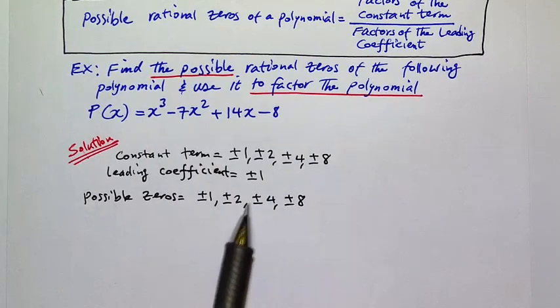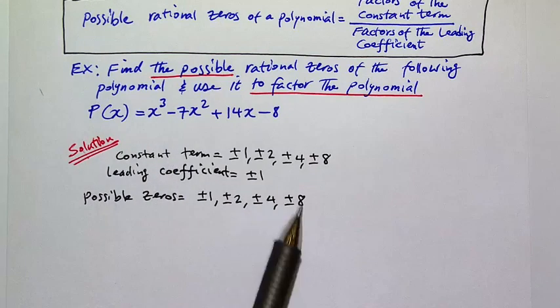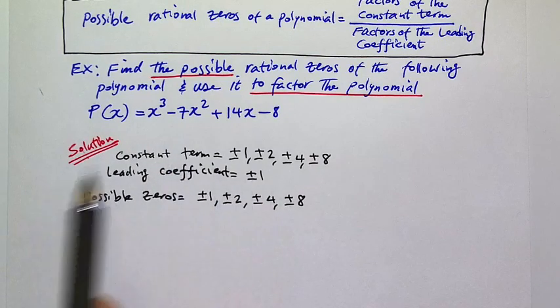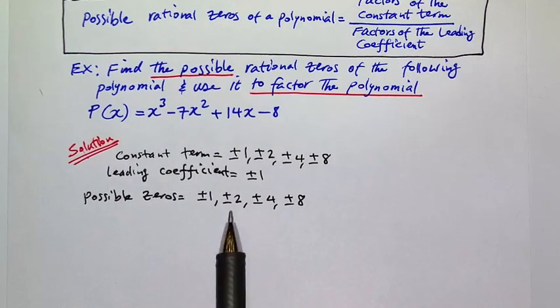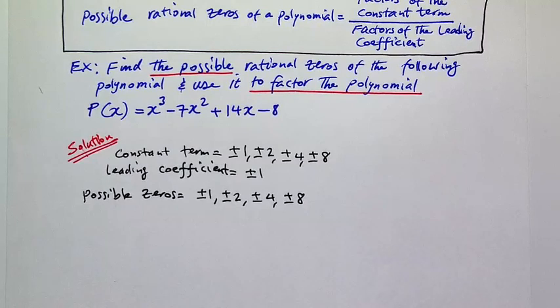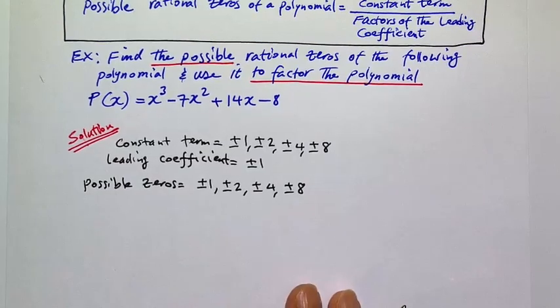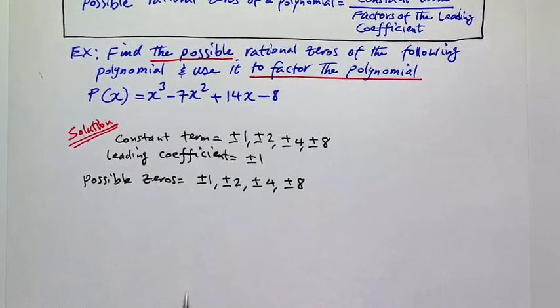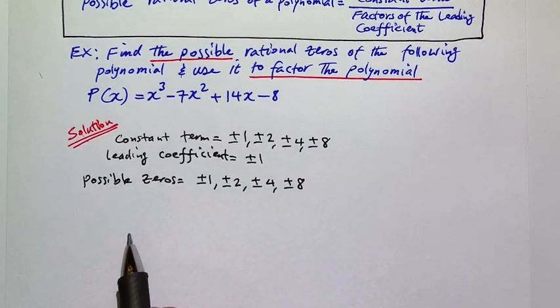If any of these numbers leads to a 0 in this polynomial, x minus that value would be the factor of that polynomial. Which means if we have a factor, we can use the long division easily to find the other factors, or at least some or most of the other factors. So I'm going to test positive 1, just as the first number to test.